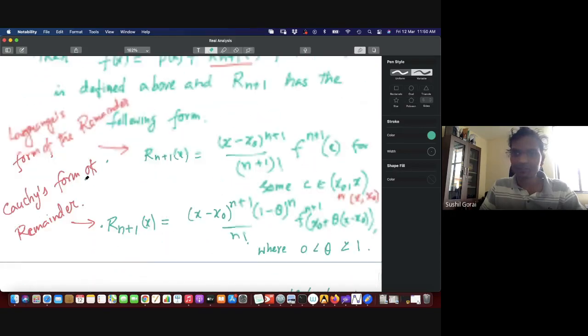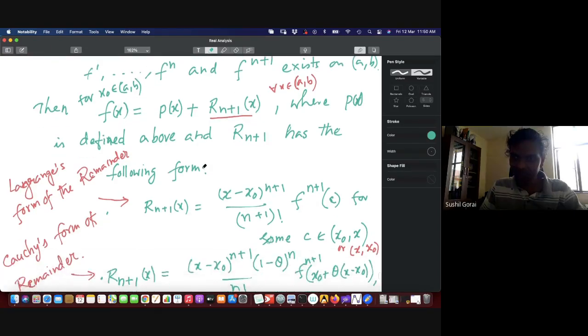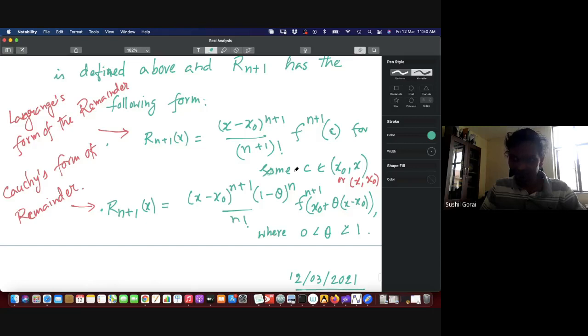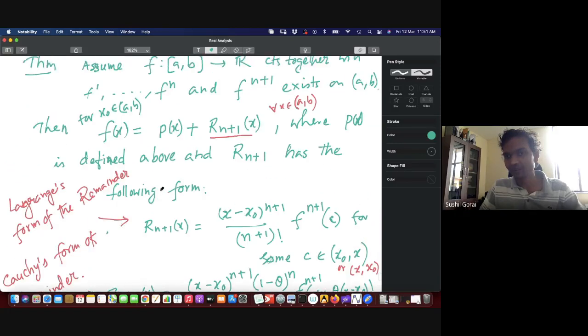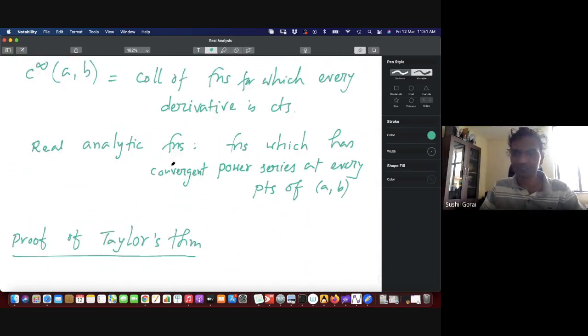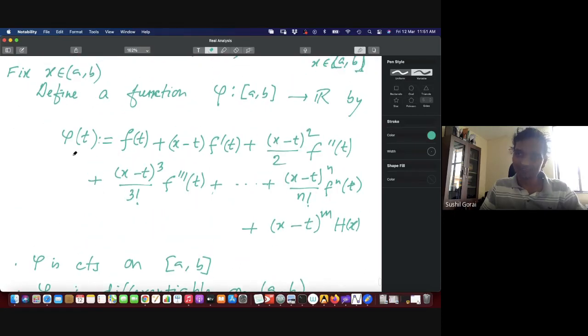And see the conclusion here. We want this x naught here, and f of x will be of this form, where R n plus 1 is this, where c belongs to between x naught and x, right? So once you get this representation, which is automatic, R n plus 1 is just f of x minus p of x. Once we get this, we fix x, and x naught is already fixed. And then we define this function.